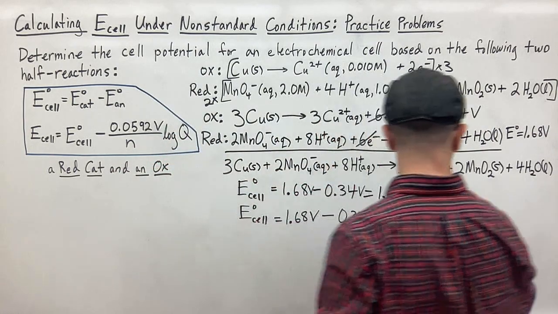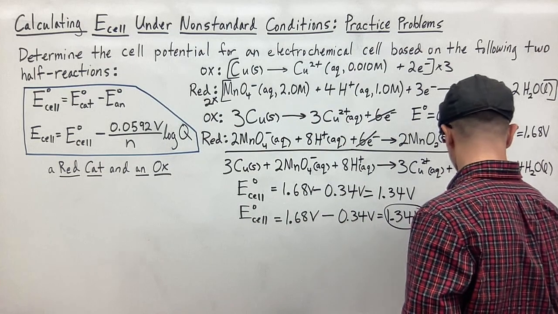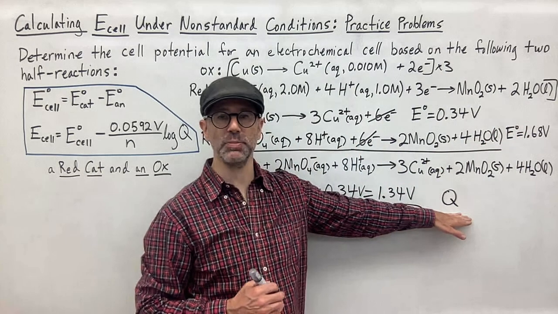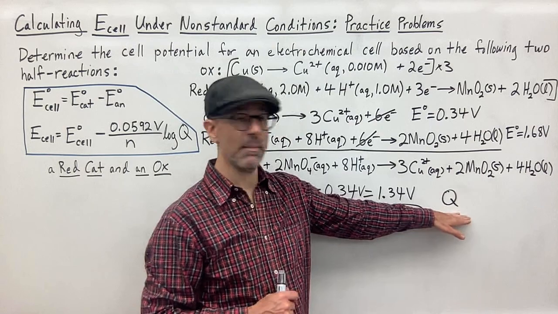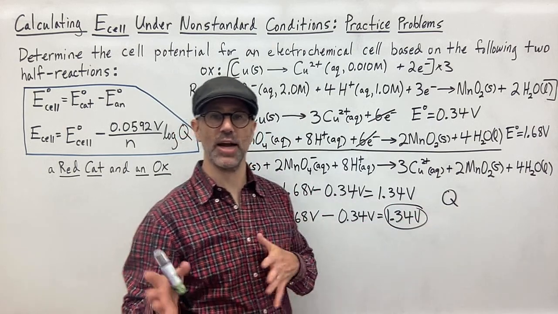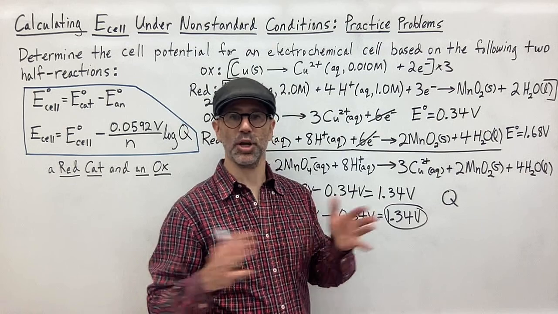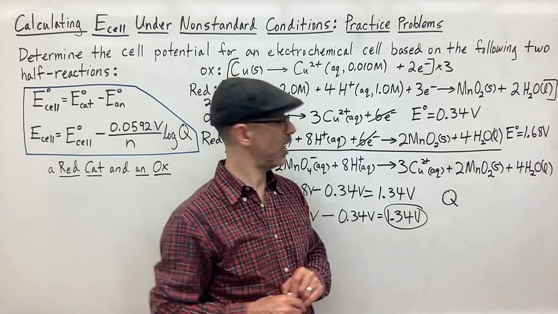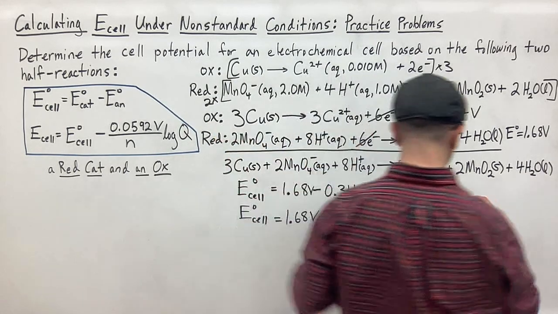Let me remind you that this expression of Q is based on the law of mass action, how concentrations affect whether an equilibrium lies more to the right or left.